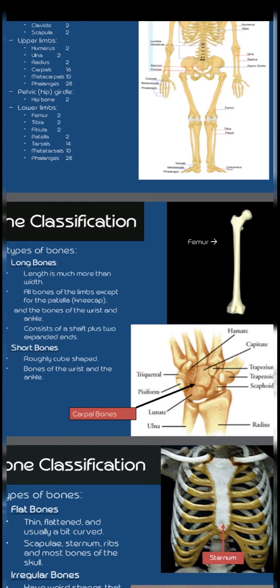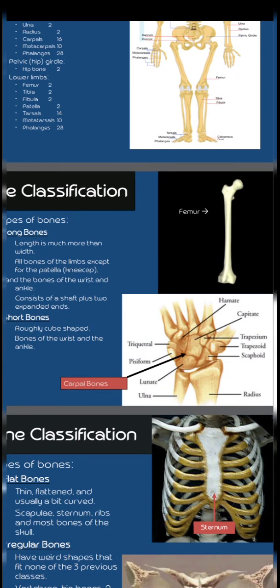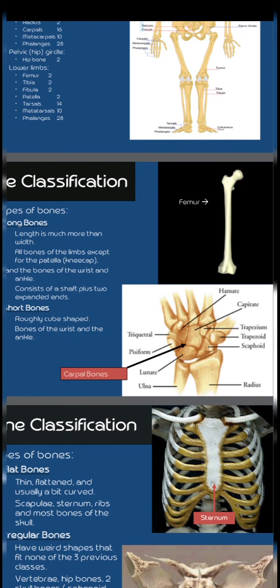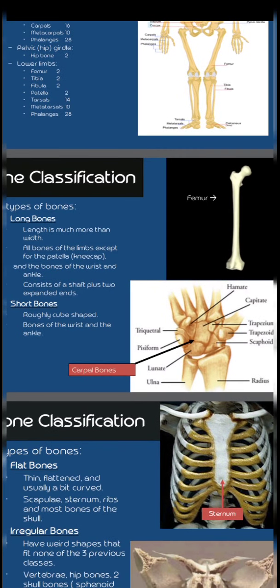Moreover, the bones of the wrist and the ankle are also not considered as long bones, because they are shorter in length and they have the same kind of width and length. That's why they are also known as short bones. Short bones are basically cubical in shape.